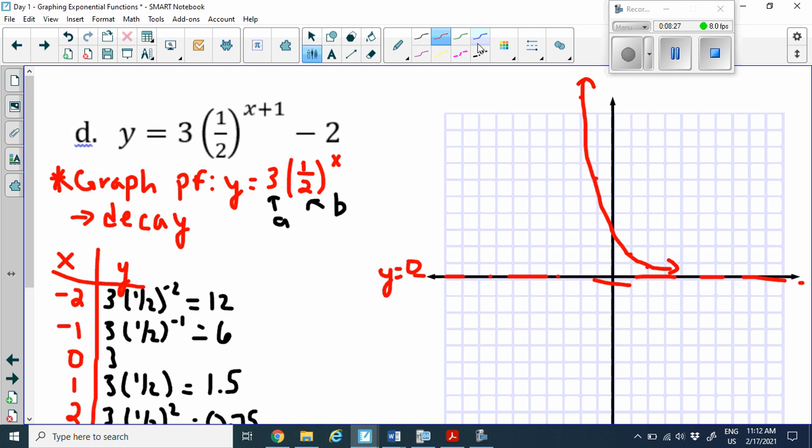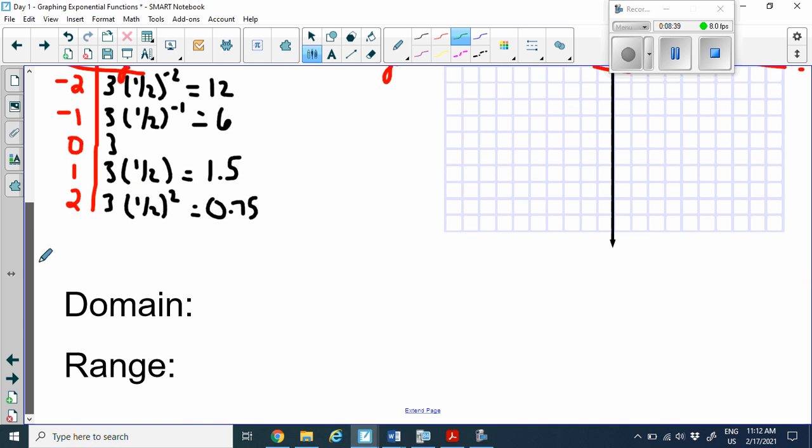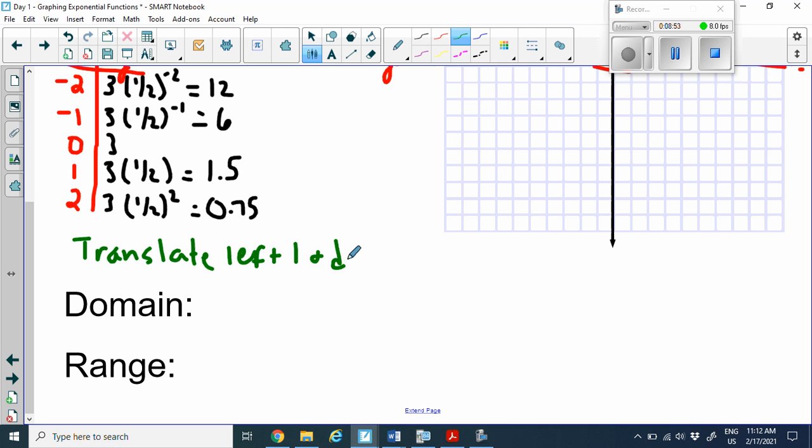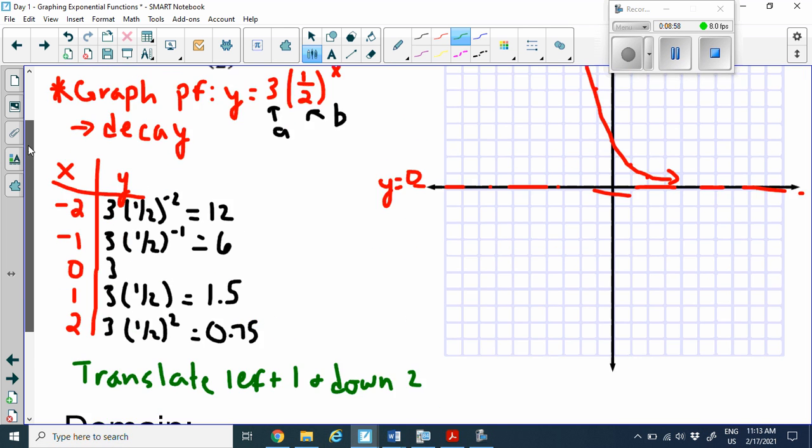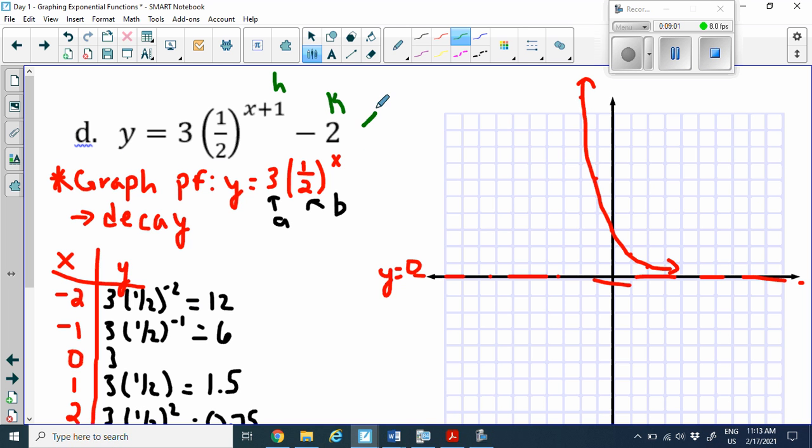Okay, now we want to graph the original. So here's our h and k. So notice that for h, remember, it's the opposite of what we see. So we're going to go to the left one because we have x plus 1, and we're going to go down 2. Okay, now remember, it is the k value that affects your asymptote.